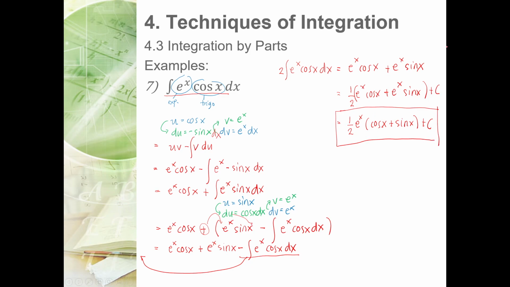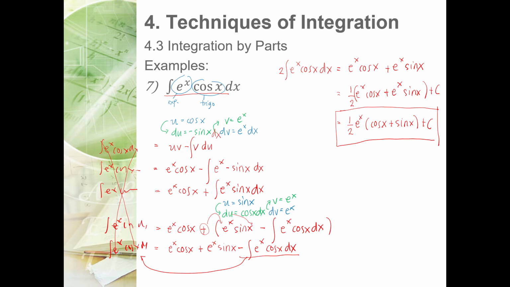All right, so that would be number 7. Again, the proper way is to write the original integral again each time. But we don't really need to always put it because it is tiring to write repeatedly.